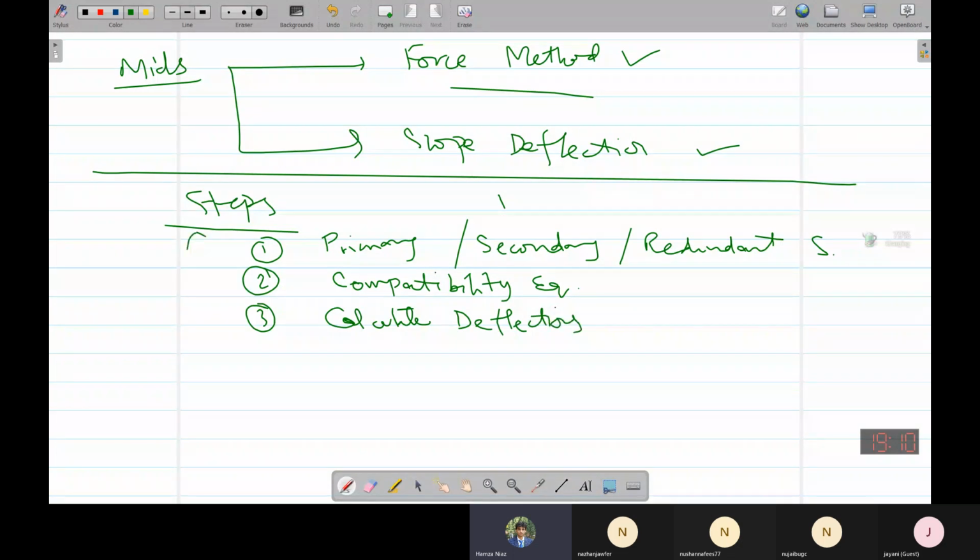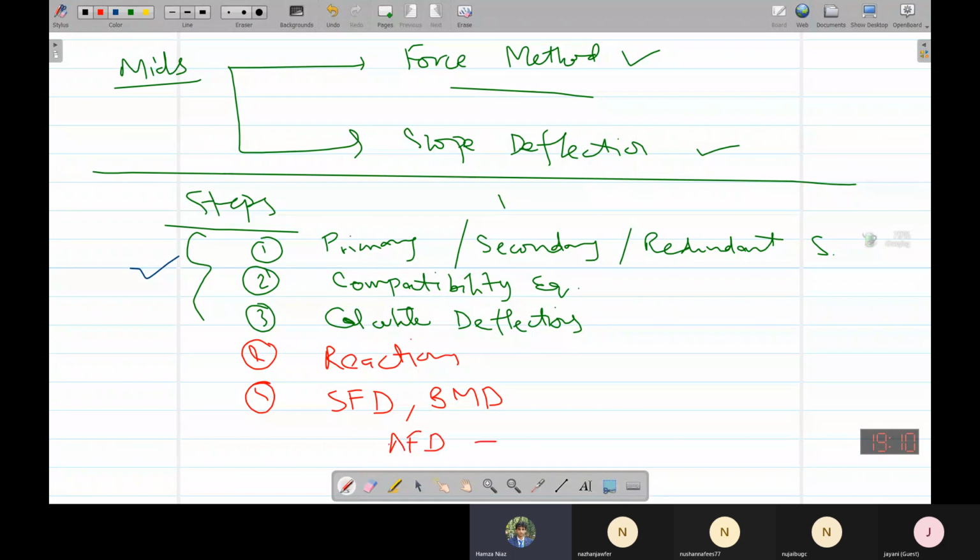Basically, these three steps are new. The rest of the steps are exactly the same as what we have done in ESA. Fourth one is reactions, which we already calculated in ESA and also in mechanics of materials. Then we find the shear force diagram or bending moment diagram, or in case of frames, also the axial force diagram. So these are 5 steps.